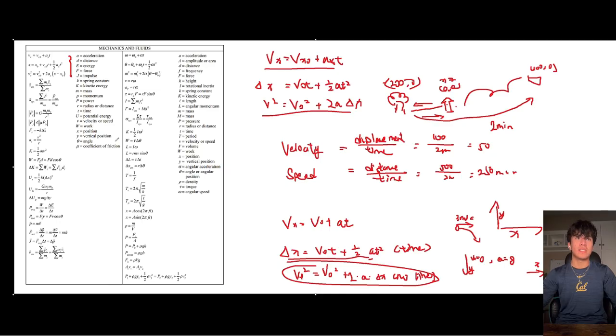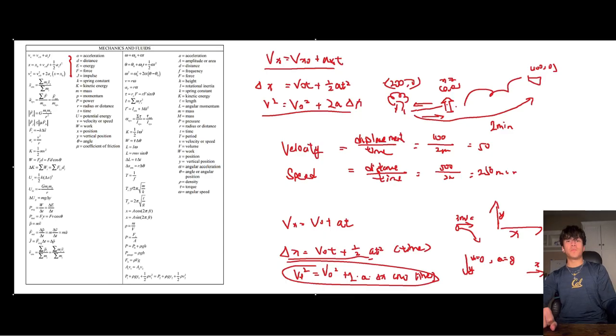Now you only have acceleration as your variable because you didn't consider time. Again, if you don't see time in the question, don't use the time equation. So it'll be 0 equals 400 plus 80a, so a equals negative 5 meters per second squared.